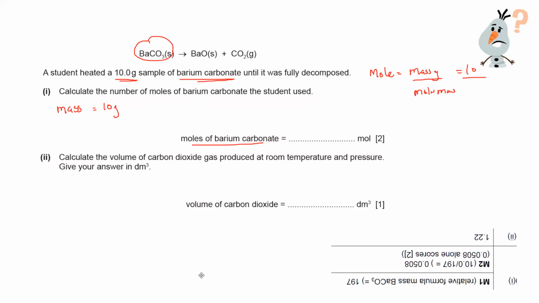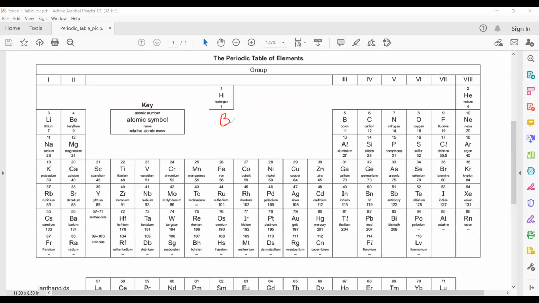Barium is 137 plus carbon is 12 plus oxygen is 16 multiplied by 3. When you solve, you will get 197 as a molar mass or molecular mass. So the molecular mass of barium carbonate is 197.